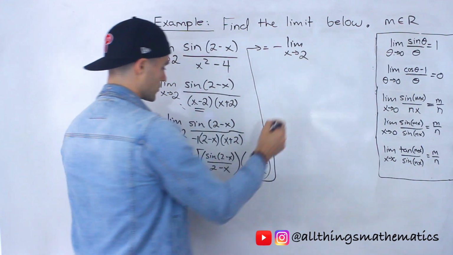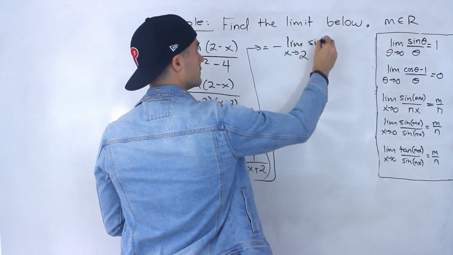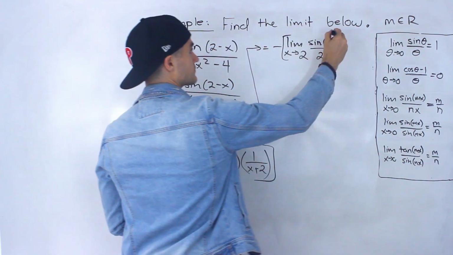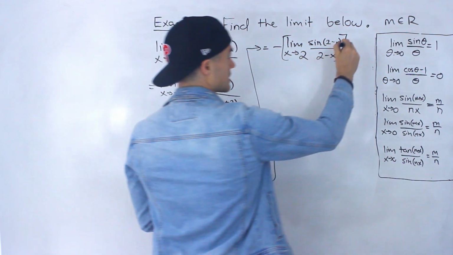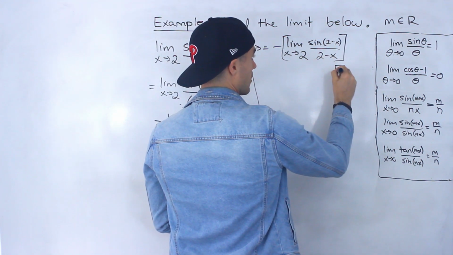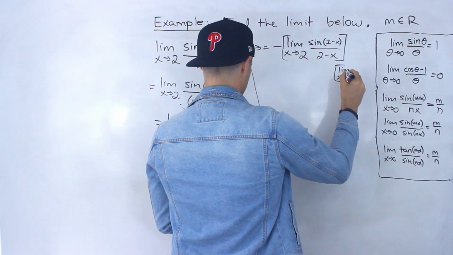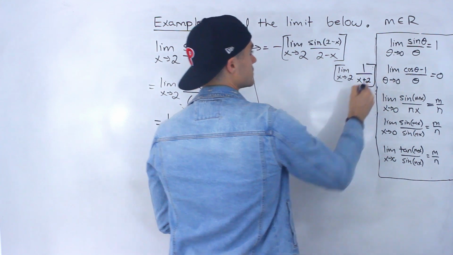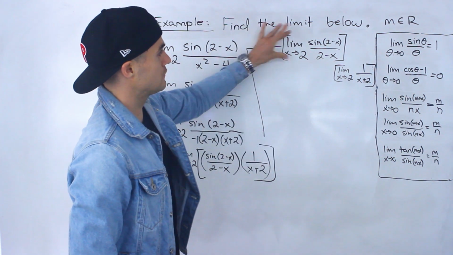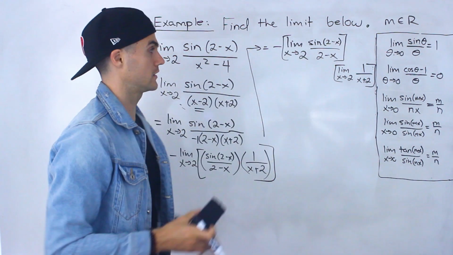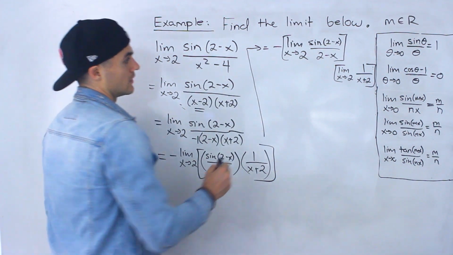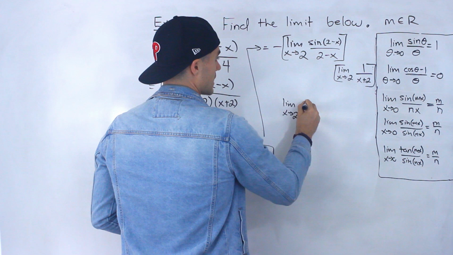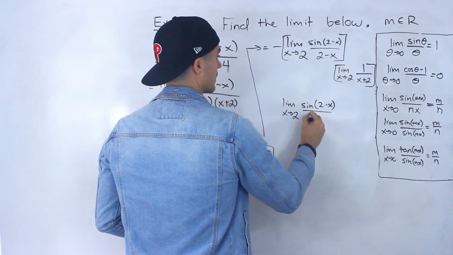So I'm going to say the limit as x approaches 2 of sine(2 minus x) over (2 minus x), times the limit as x approaches 2 of 1 over (x plus 2). Running out of space here, but they're all just multiplying by each other in one line. This first limit I'm going to work with separately on the side, so I'll have sine of (2 minus x) over (2 minus x).